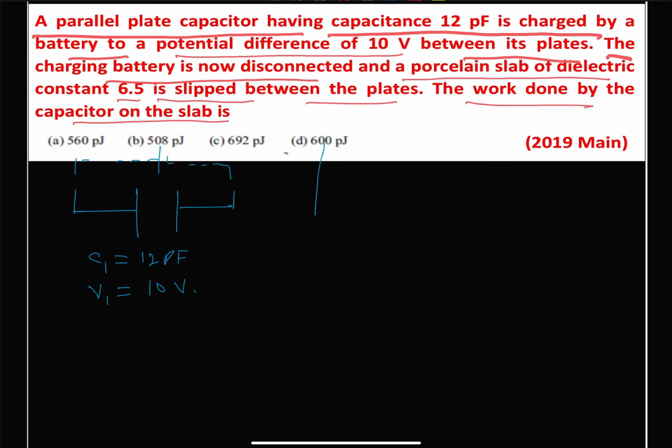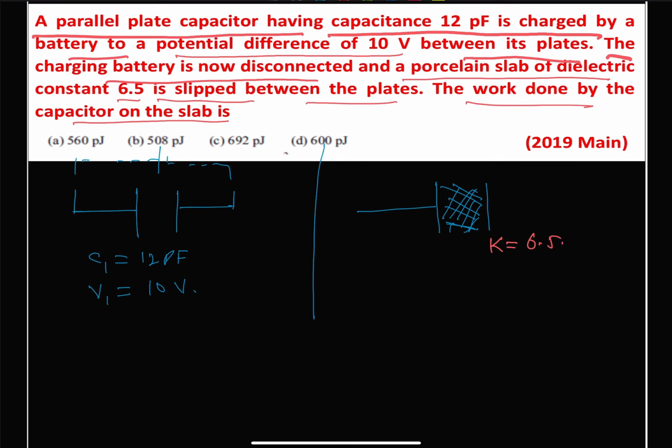In the second part, the battery is removed and a dielectric is introduced between the plates. The dielectric constant is given as K, which is 6.5.